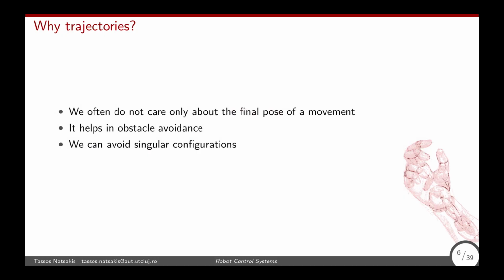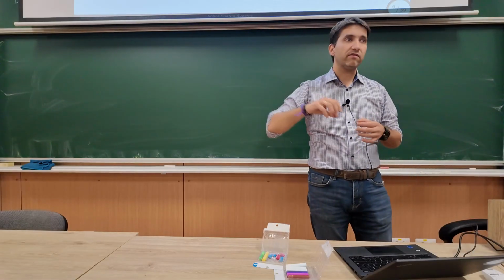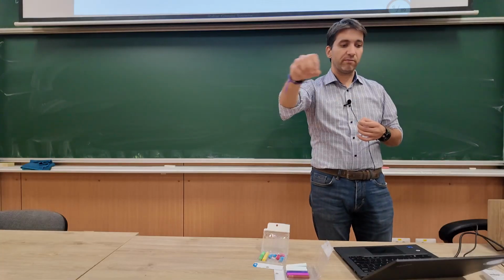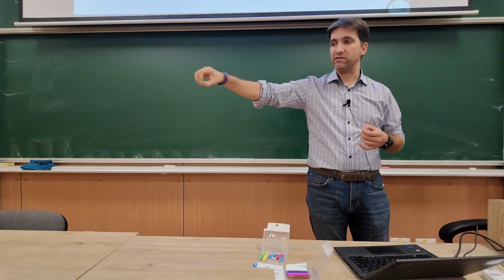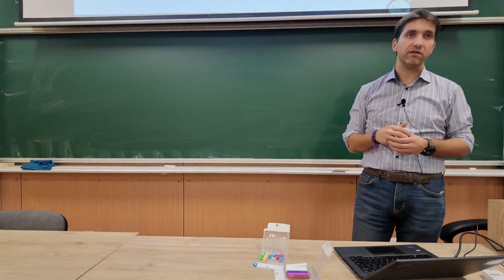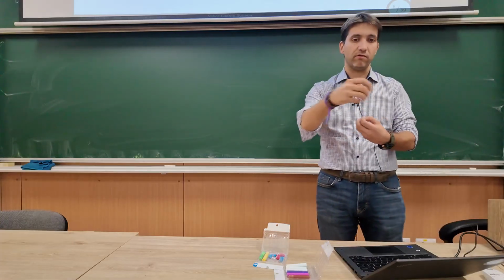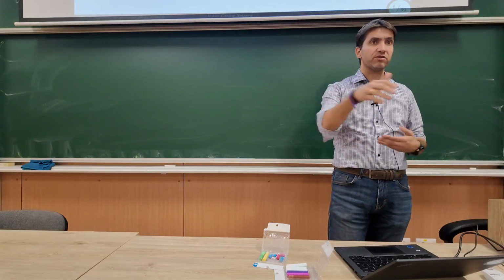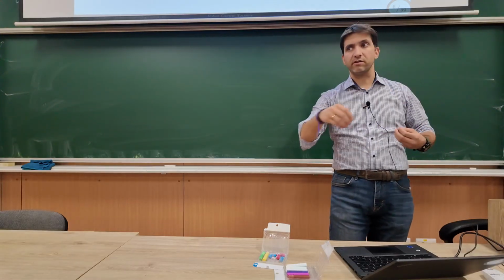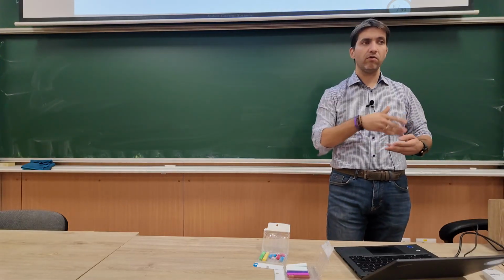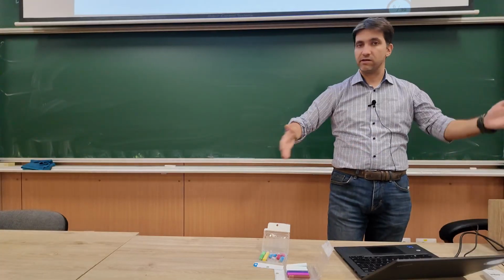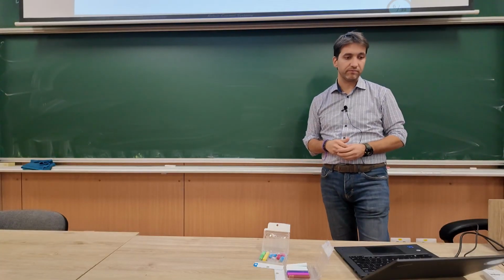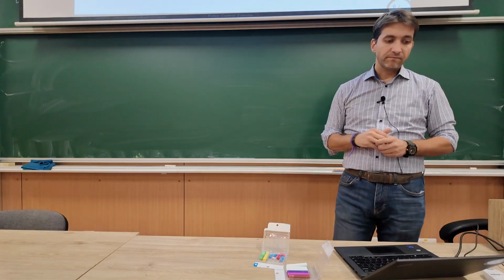So why trajectories? We don't only care about where the end effector will go, but also what path it will take. And this is, as I demonstrated in the video, useful for tasks like welding, drilling, whatever. But it can also be useful when avoiding obstacles. We might want to calculate a certain path that the robot has to follow so that it avoids certain obstacles in the environment. Right?